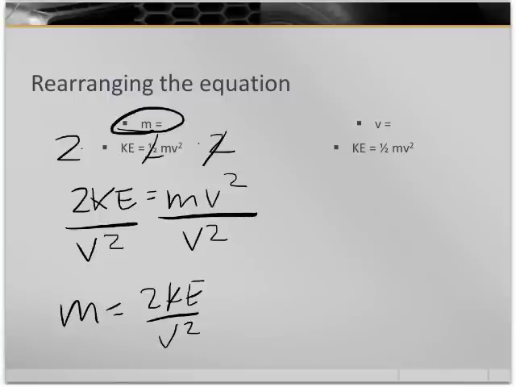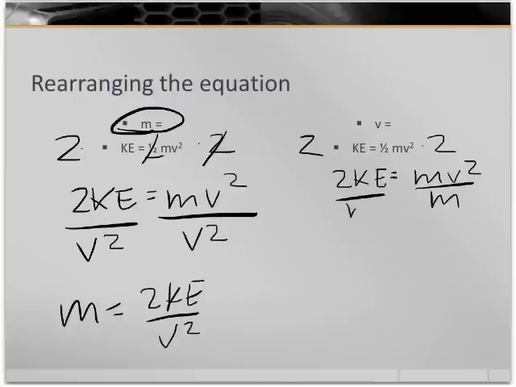To solve for v, there's just kind of an extra step. So if we want to solve for v, again, we're going to start by getting rid of the 1/2. So we'll have 2 KE equals mv squared, and then we want to get v by itself, so first we have to get rid of the m. So we have v squared equals 2KE over m. And then the last thing you have to do, the extra step, is taking the square root so that you can have just v instead of v squared.